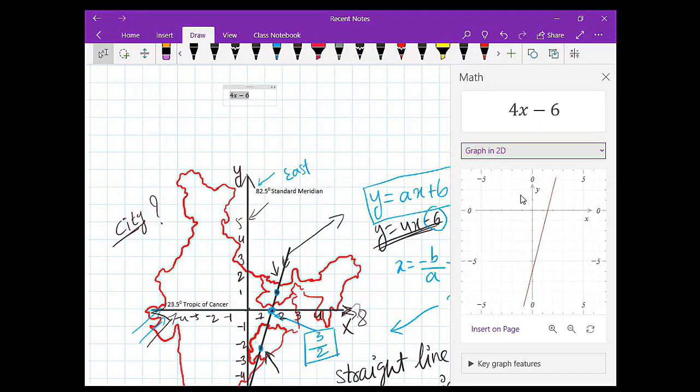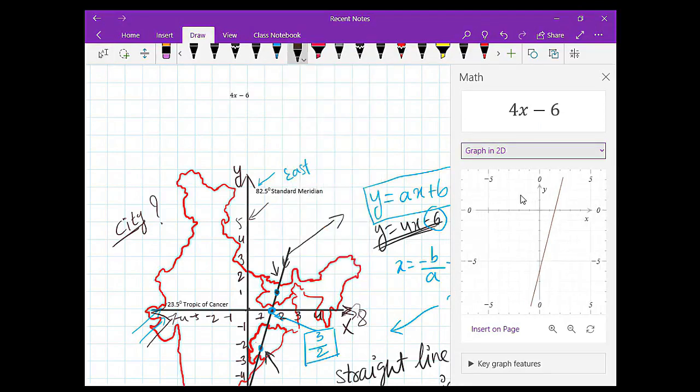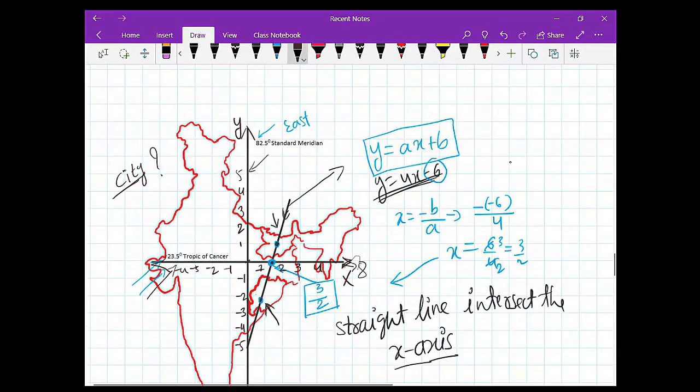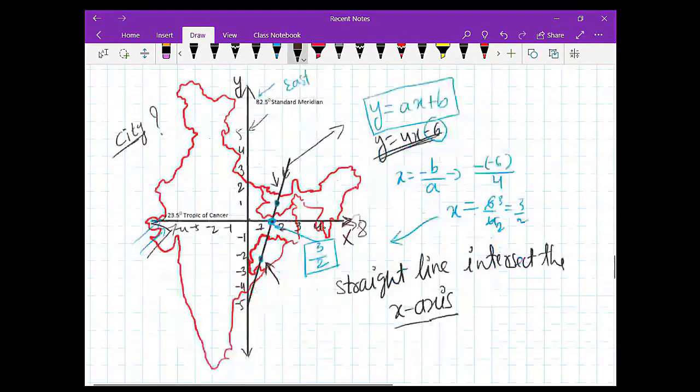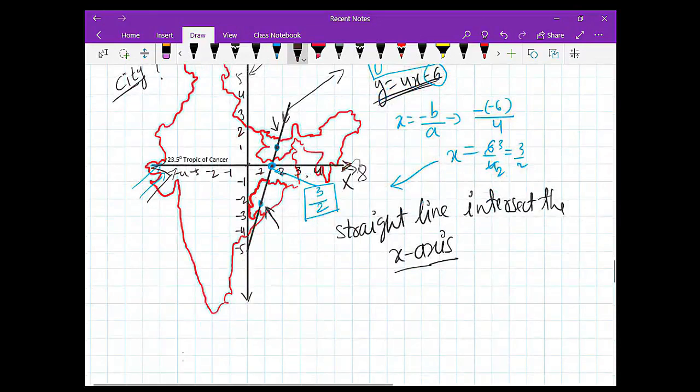This is the positive y-axis, and this is the straight line that represents the linear equation 4x minus 6. I am going to explain this using the social concept on the Indian map, with Ashoka conquering Kalinga. Okay, let's see.